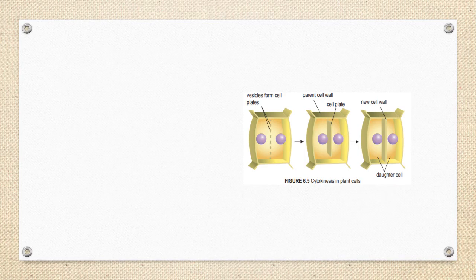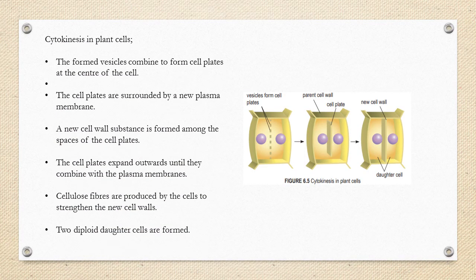So now we come to more detail on how cytokinesis happens in the plant cell. In the plant cell, it is formed after the two nuclei develop, and the two nuclear membranes develop.